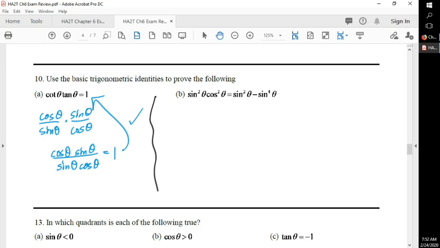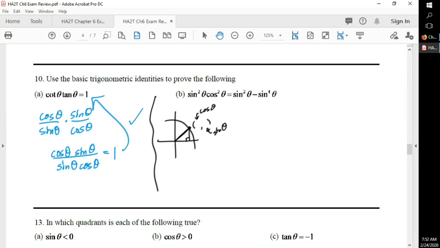The Pythagorean identities come from looking inside the unit circle, where all of our coordinates make a right triangle. Think about it slowly: the x is cosine, and the sine is the y value.